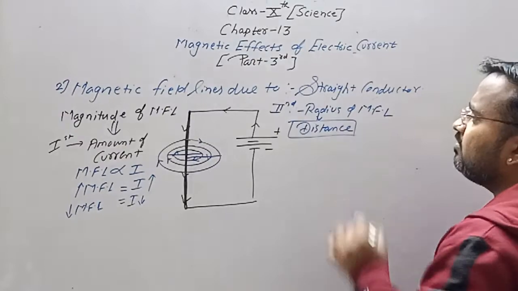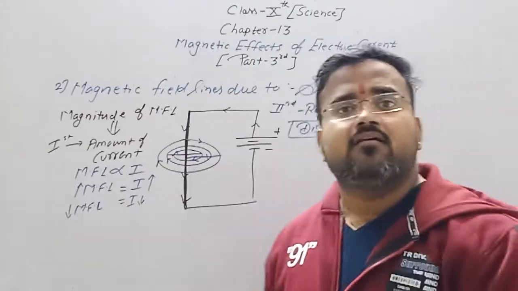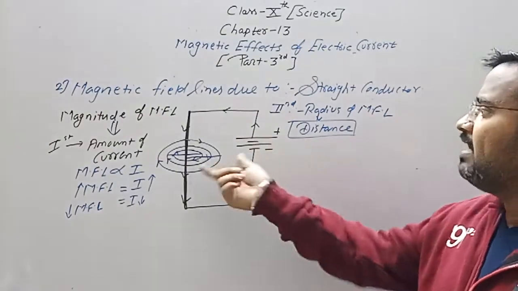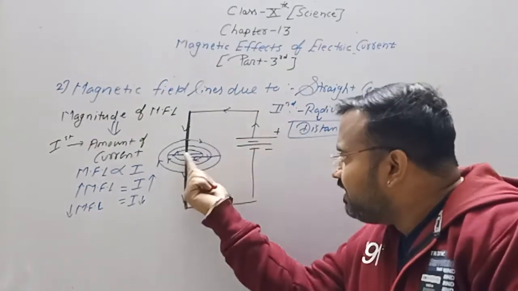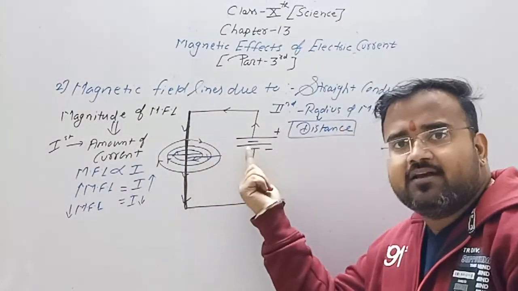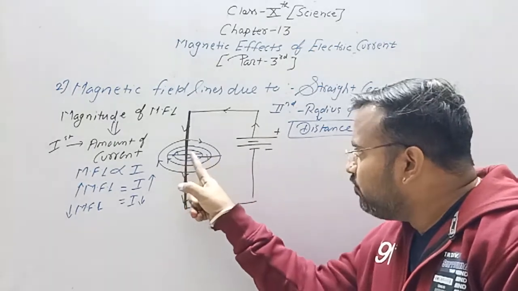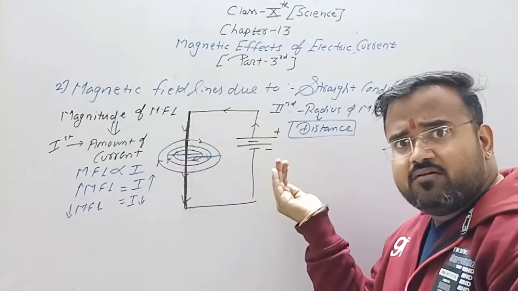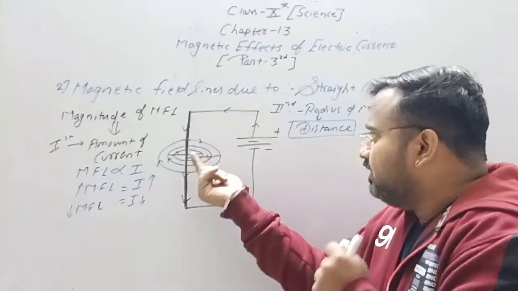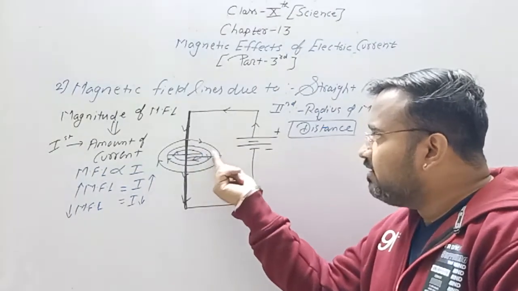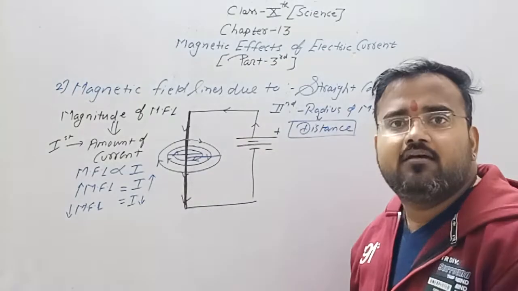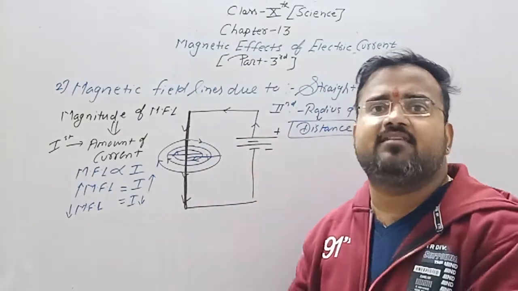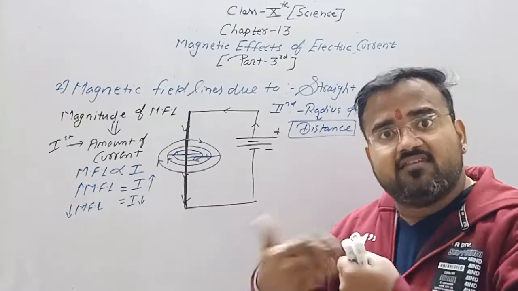So the distance factor is more important in magnetic field lines. When we are going away from the conductor, the concentric circles go bigger and bigger, that means their radius increases, that means their distance increases.